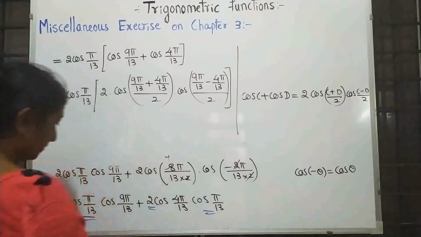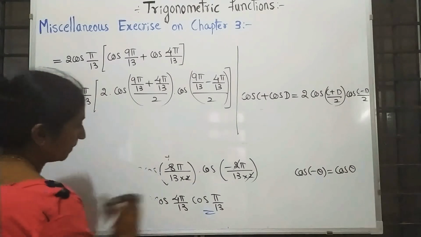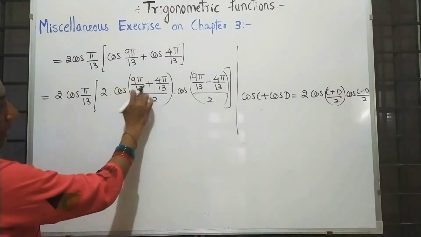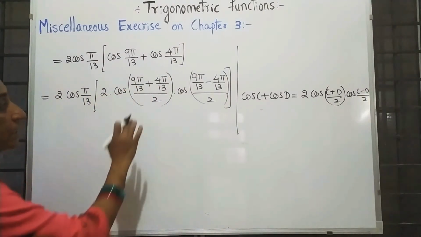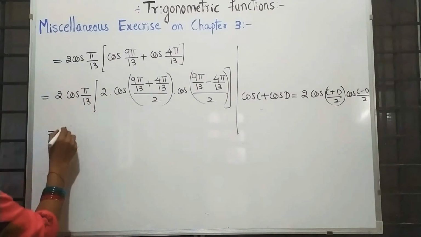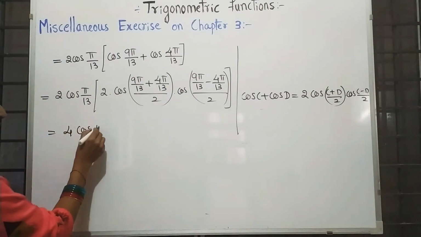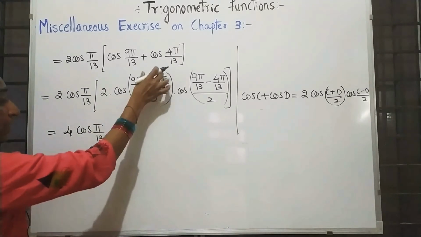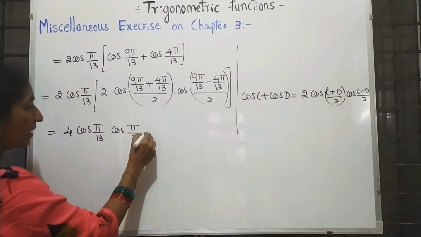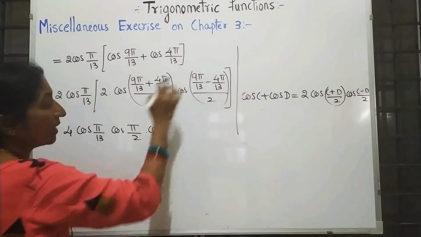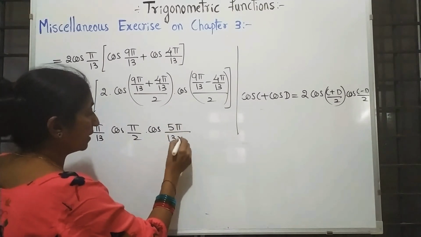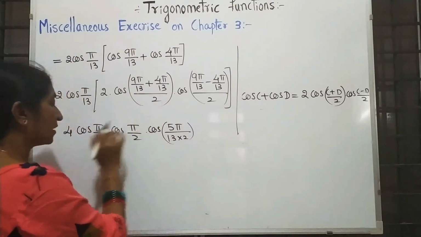That is the formula. Now 9 plus 4 is 13, 13 divided by 13 cancels, pi remains, and the 2 becomes 4. So we get cos(pi/2), and cos of (9 minus 4) is 5pi/13 divided by 2, which is 5pi/26.